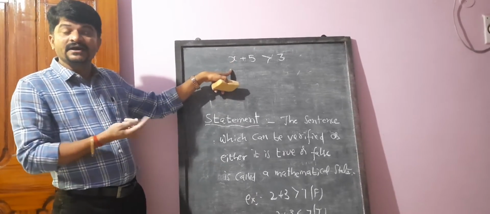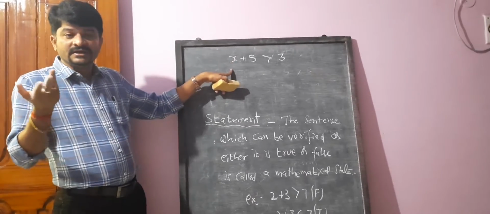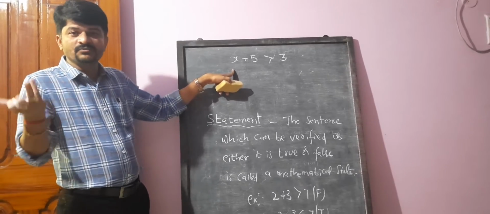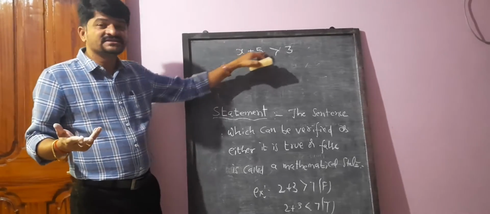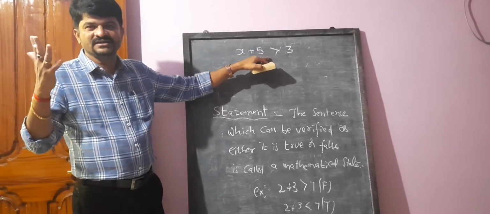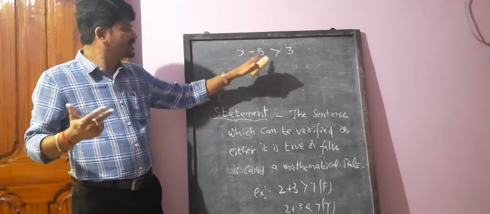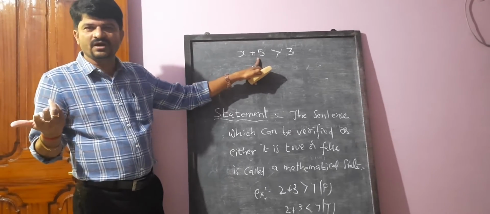Is it clear? Because x is a variable. Its value may differ according to person or situation. So these sentences cannot be verified either as true or false.